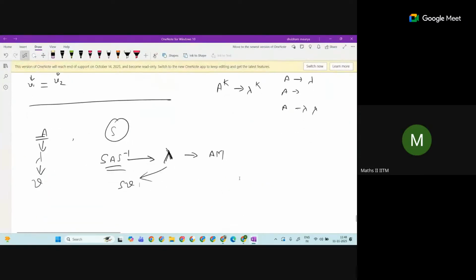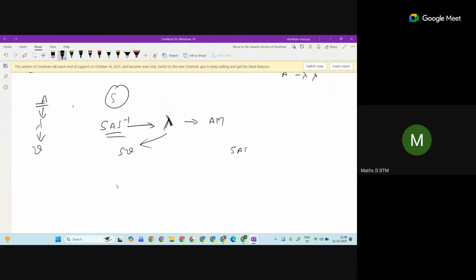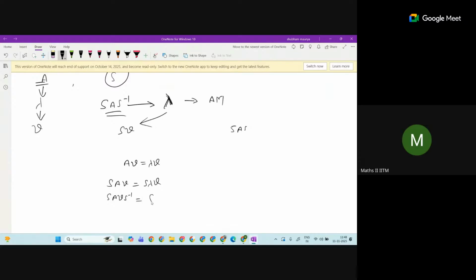Let's say you have A S inverse, see the proof of how it's happening. Let's say AV is equal to lambda V, right? So you can multiply the left side for this one.